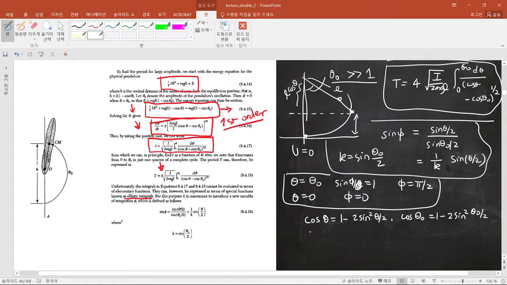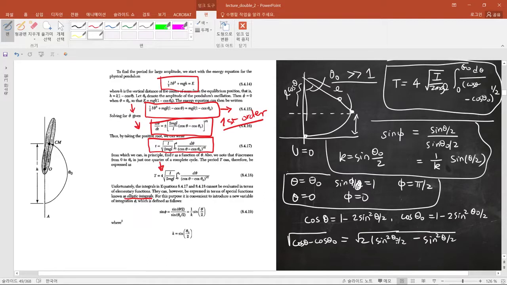Therefore the square root of cosine theta minus cosine theta 0 should equal the square root of 2, the 1 cancels, times sine squared theta 0 over 2 minus sine squared theta over 2.